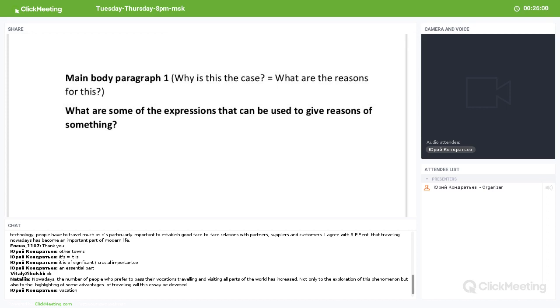Maybe they are conjunctions like because, due to the fact that, predominantly due to the fact that, or maybe they are special expressions like one of the main reasons why, one of the main reasons of blah blah blah is blah blah blah. Maybe something like this. Can I ask you to write some of such expressions in the chat box? So some of the expressions that can be used to give reasons of some kind of a phenomenon.